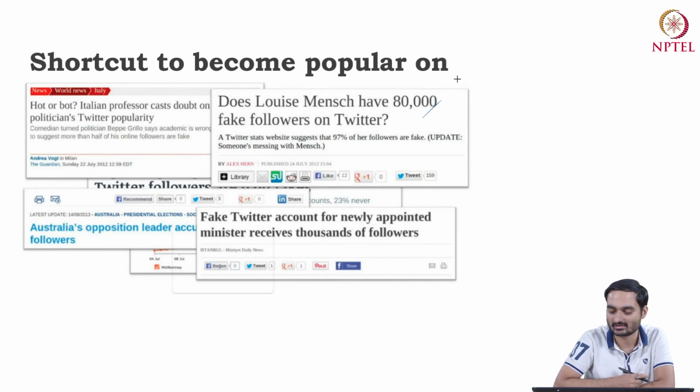Her account got a significant number of retweets and followers within a very short period of time. Within only 24 hours, this person got around 80K followers, a 97% boost, and that too within one day.